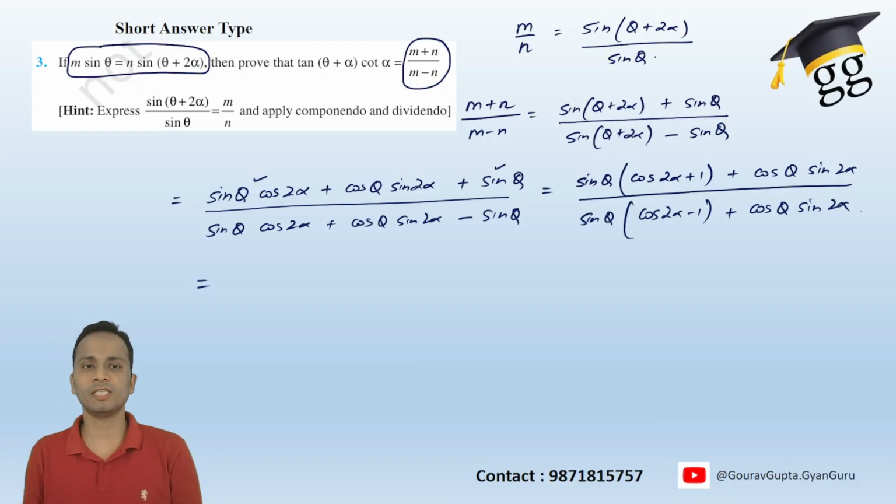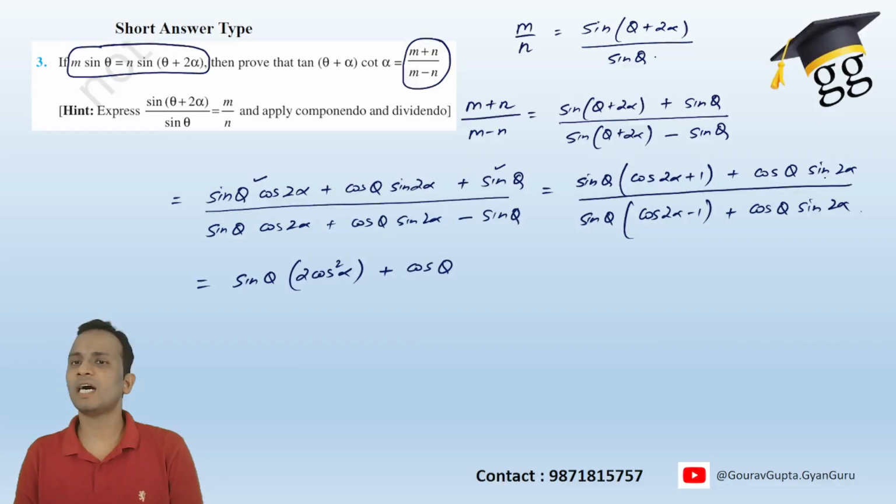Minus 1 will go on the other side, so you can say that cos 2 alpha plus 1 can be written as 2 cos square alpha. And completing the numerator, cos theta as it is. Now after cos theta I have sine 2 alpha, which can be written as 2 sine alpha cos alpha.